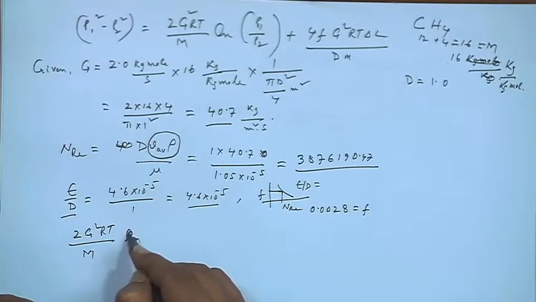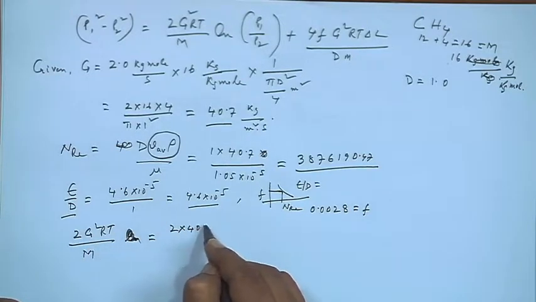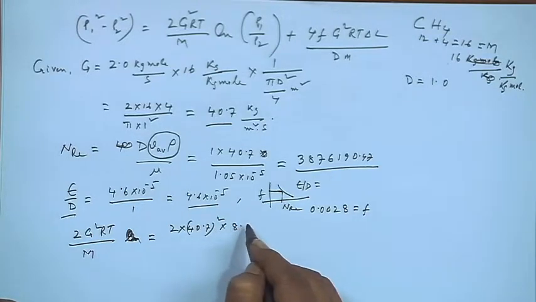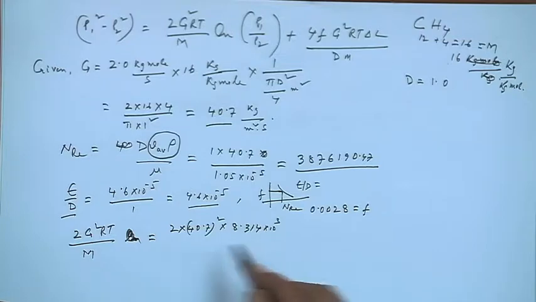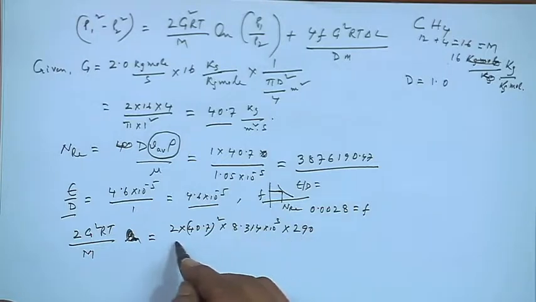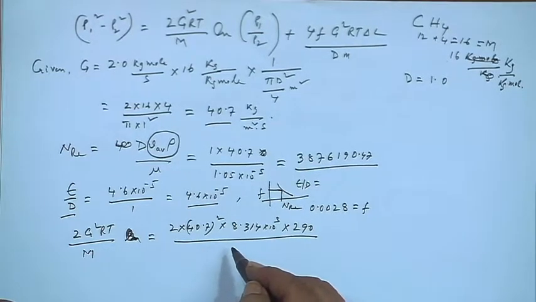So first find out this constant value: 2G square, 2 into 40.7 square into R, 8.314 into 10 to the power 3, into T. T is 290 given, 290 Kelvin, divided by molecular weight, for CH4 it is 16, right.